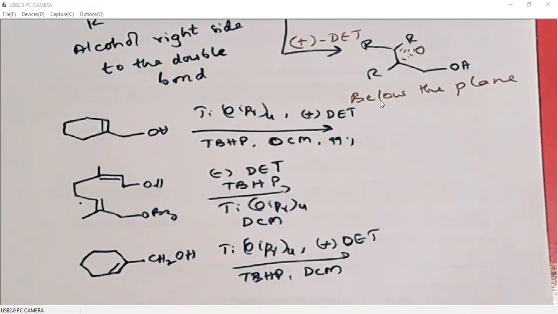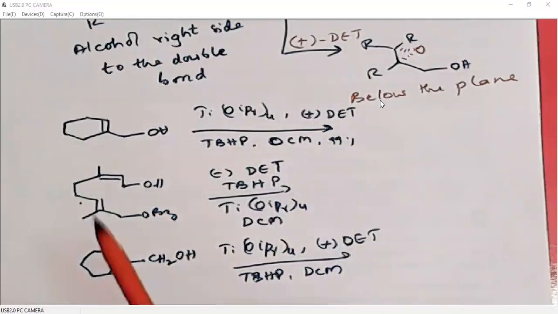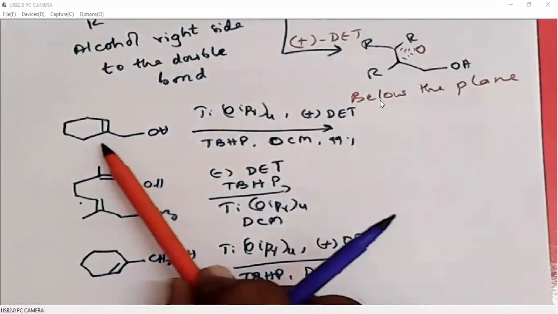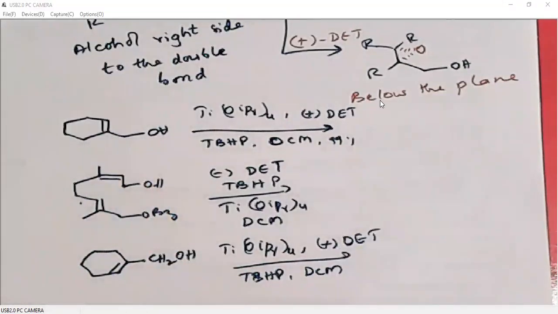If you are given problems on SAE, then how to predict the product? It is very simple. What we need to know first, the alkene should be vertical. If it is vertical, then decide whether the alcohol is on the left side or right side. For this molecule, there is no problem. The alkene looks vertical straight away, and the alcohol is on the right side.